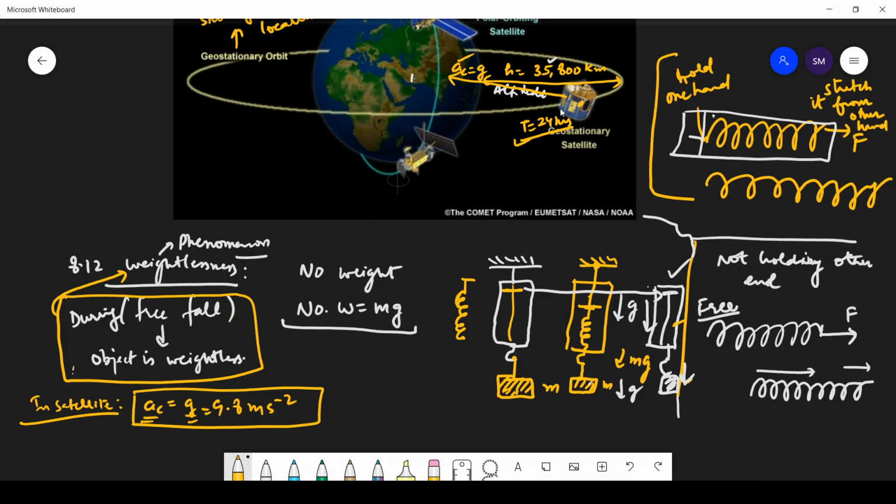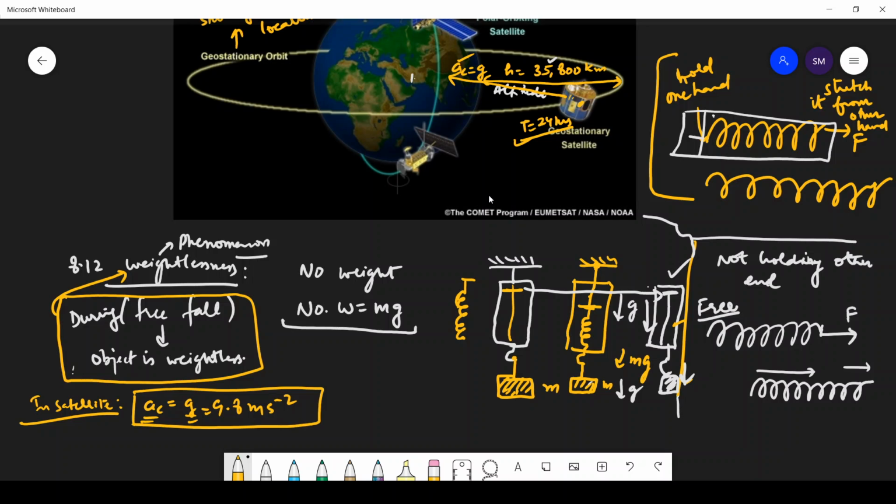This is just as if we were falling towards the Earth from a certain height. Thus in a manned satellite, when there are people inside the satellite, they experience no gravity. Gravity for us means gravitational force, so they don't feel any gravitational force over here. Just like this spring was not stretched, your body is not feeling any upward force here.